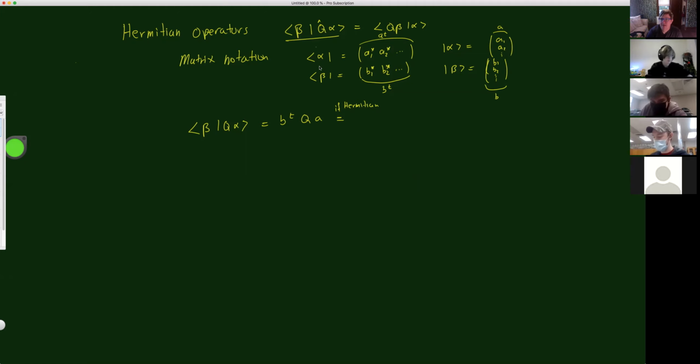If the ket for alpha is a column vector like this, the ket for beta is a column vector like this, the bra for A is a star row vector, and the bra for B is a star row vector, right? So this is kind of B transpose star, or sorry, B dagger. This is the dagger.